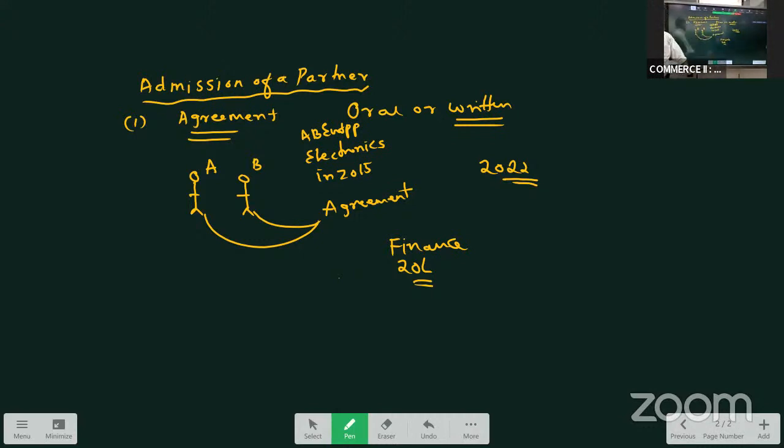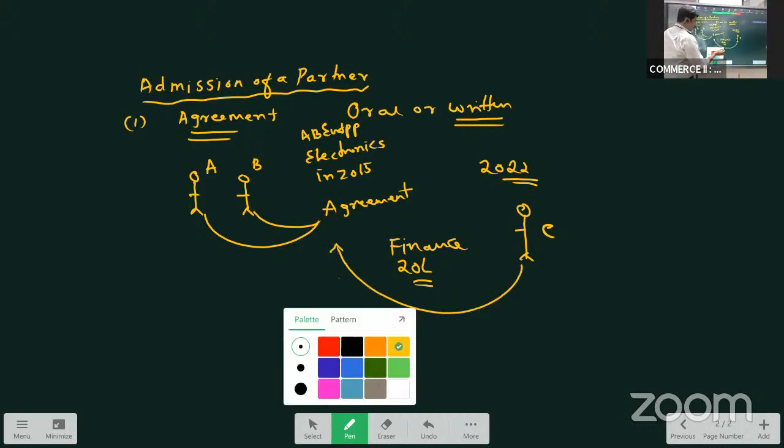What is another option? They can ask somebody to join the firm as their partner. Let us say that they are asking C to join the firm. Then what will happen?